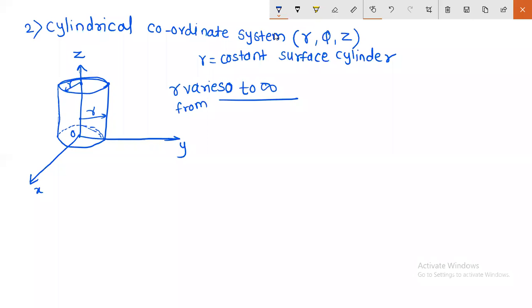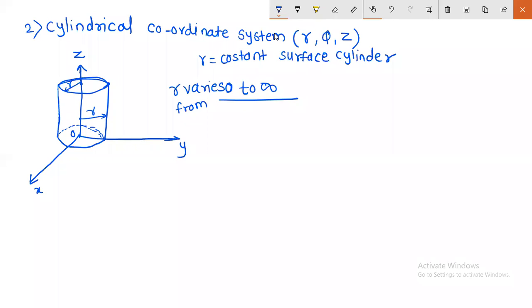Just like your x-axis, y-axis and z-axis, your length can vary from minus infinity to plus infinity, because we are considering the minus x-axis, minus y-axis and minus z-axis also. But here for the cylinder, for the radius, we cannot take a minus radius. So it will start from 0 only, and it varies from 0 to infinity.